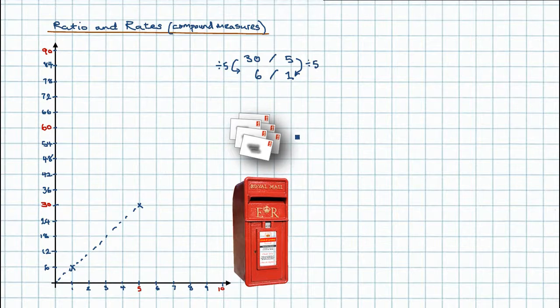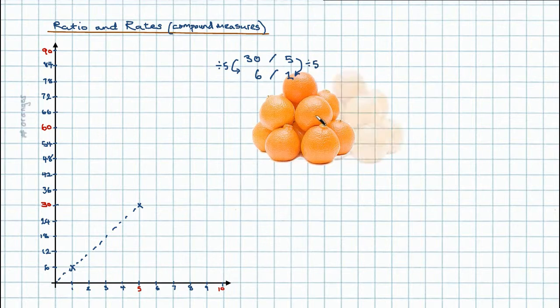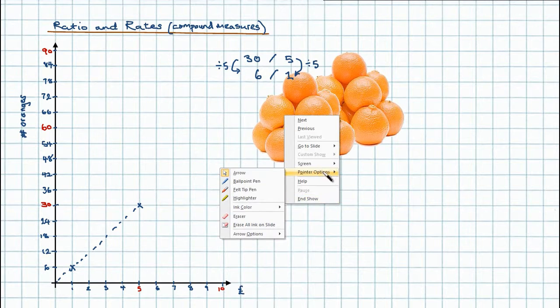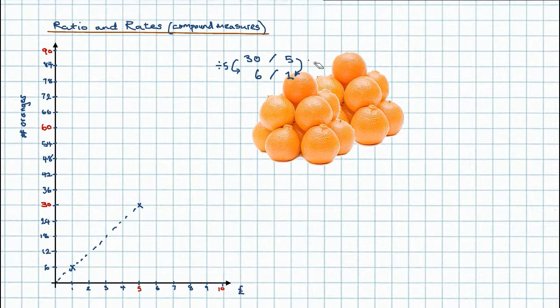So if we think of a money example, and let's get rid of these now. If I've got 2 dozen oranges, how many oranges have I got? I've got 24. 24 oranges, let's say, cost me £6.